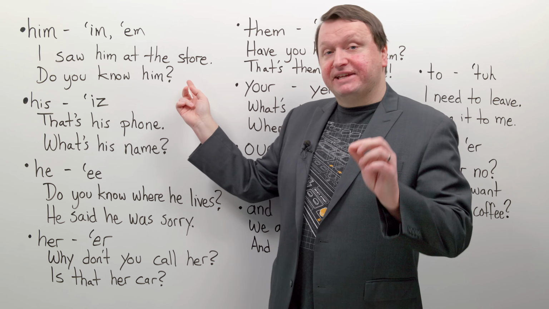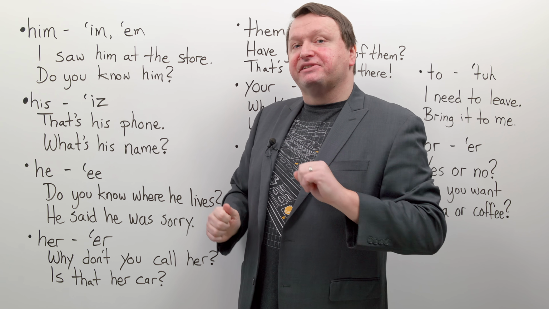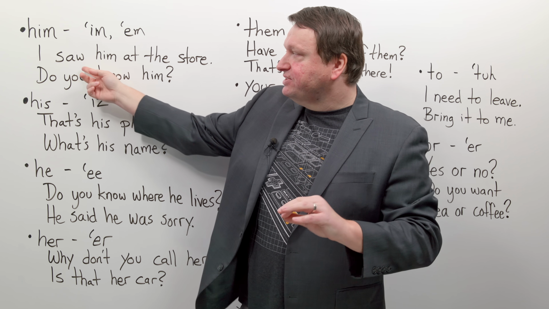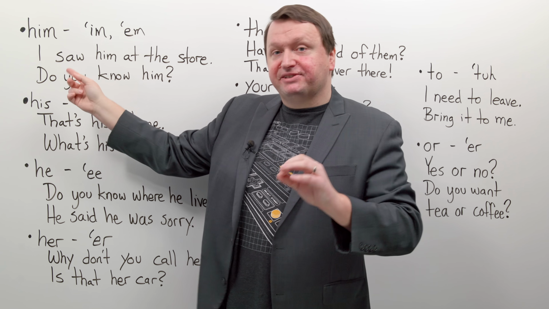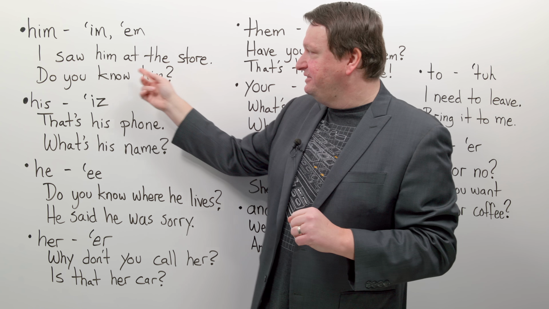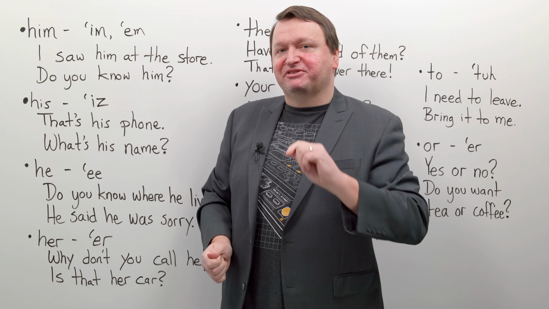So the first sentence, first just listen to me. I saw him at the store. Okay, so what I did there, I saw him, or I saw him, right? So I saw him or I saw him at the store. So let's see if you can do that now. Repeat after me.